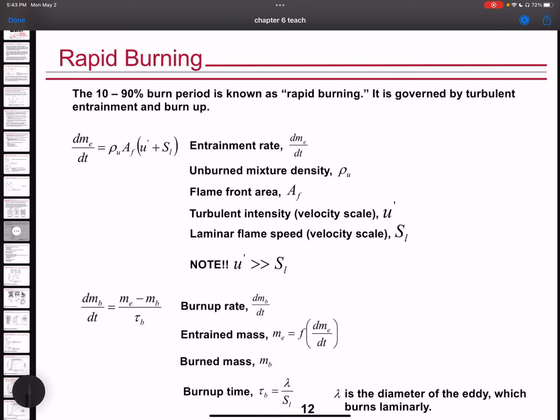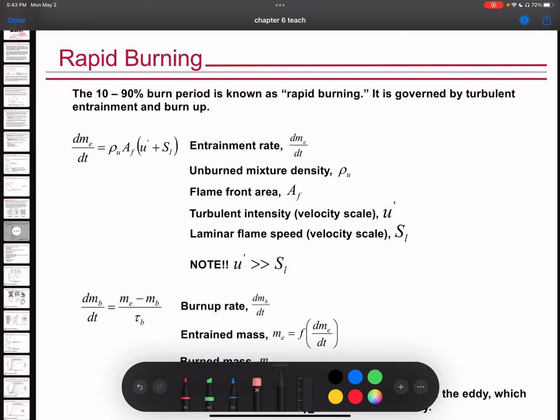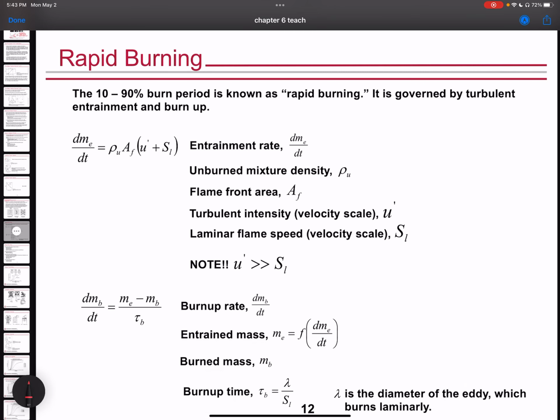And we model this by looking at two different elements. The first element is the entrainment rate. The entrainment rate is this first term that you see here in our equation, dme by dt. And so dme by dt is basically the mass of the mixture that is entrained by a flame as a function of time.